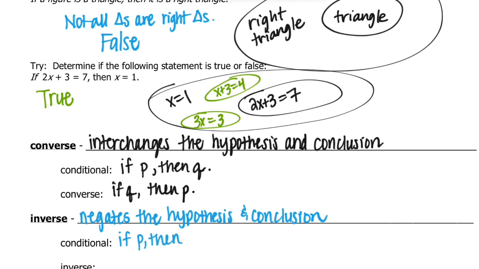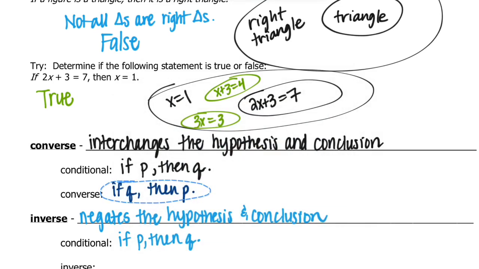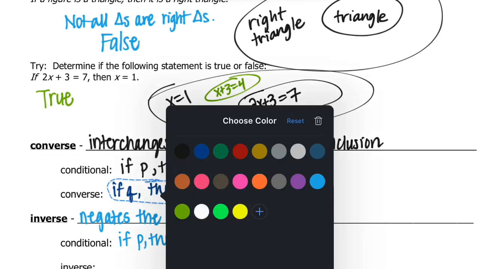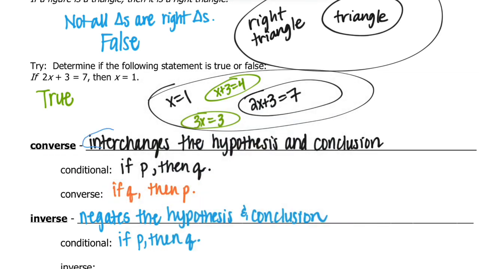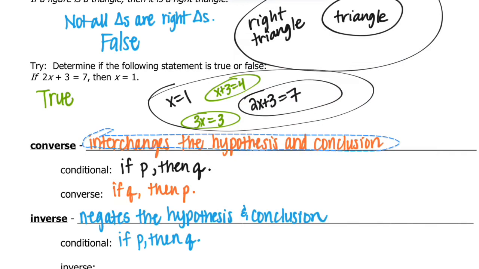So the conditional would be if P, then Q. And actually, you know what I'm going to do? I'm going to color code all of these. Let's make this dark blue. No, let's make a different color. So let's make it orange. And I'm going to make this orange.